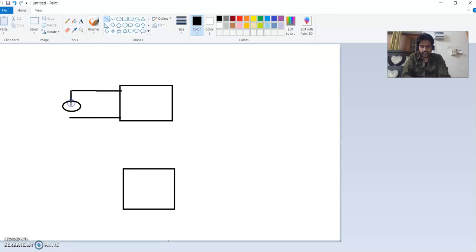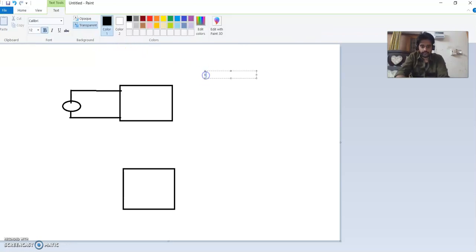Series, if it is series, please take the input as a voltage source, right? This is the voltage series feedback amplifier.